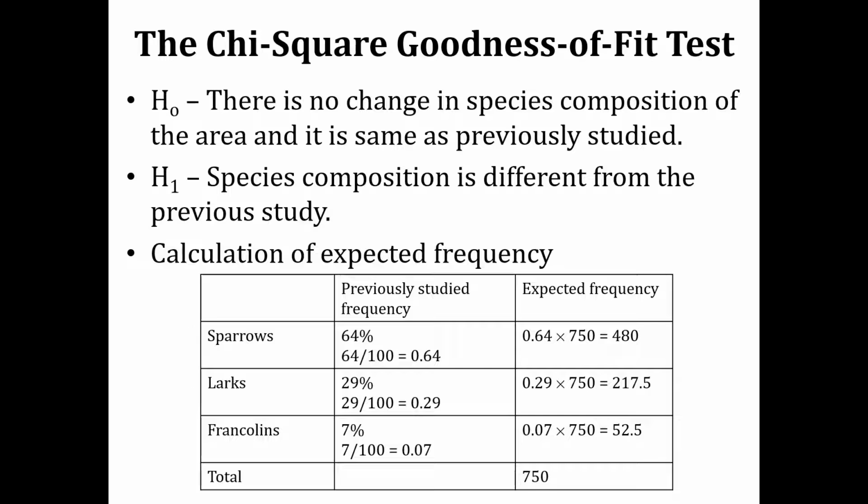The expected frequency in the 750 birds that were observed is 0.64 times 750, which is 480 for sparrows, 217.5 for larks, and 52.5 for francolins. So these are our expected frequencies.